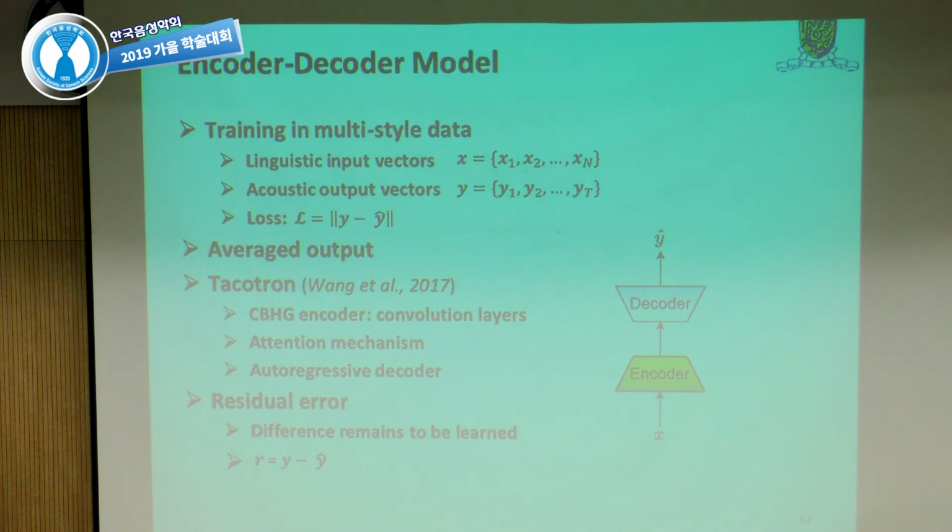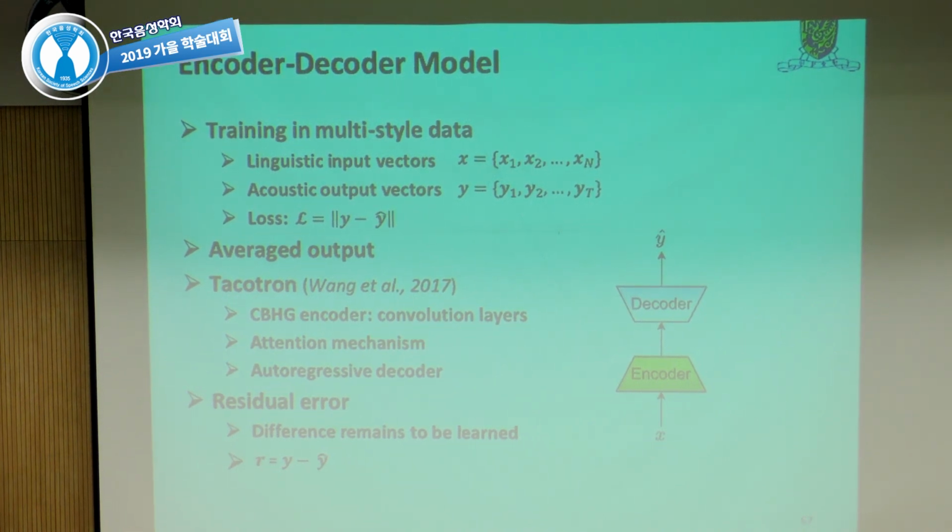But we would like to provide the model the distribution of the variation from the neutral or average speech to the target emotion.